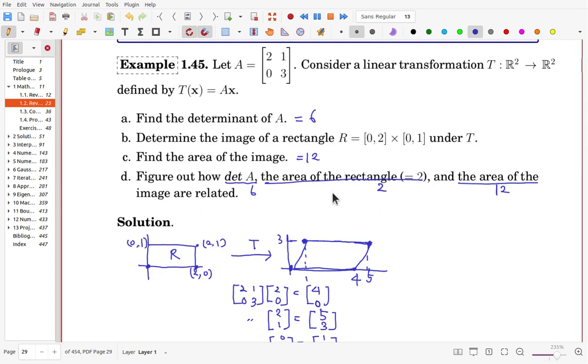For example, if the determinant of A is negative, then the point runs in the other orientation, whereas with 6, the point runs in the same orientation.